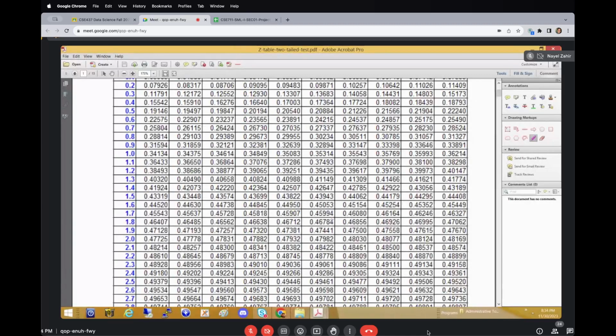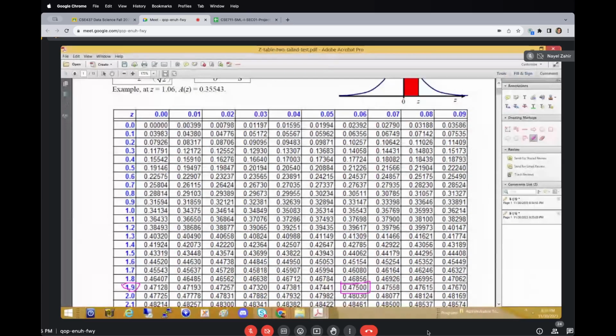This is our 0.475, and we can see it is 1.9 here, and it is 0.06.